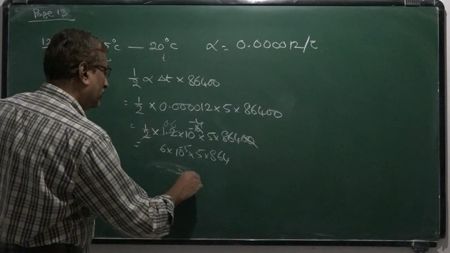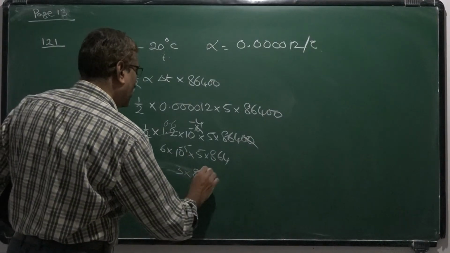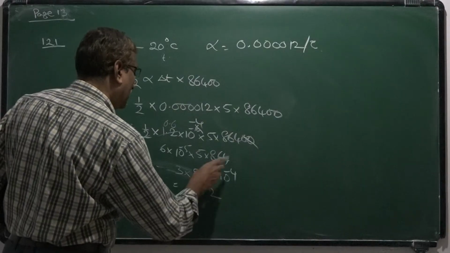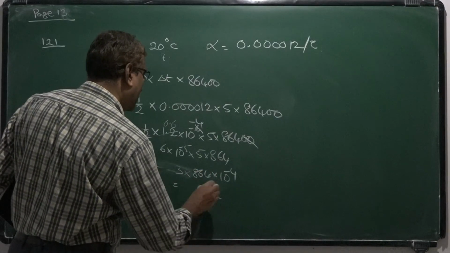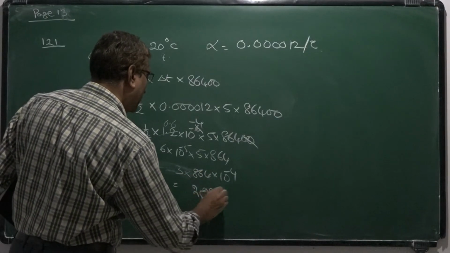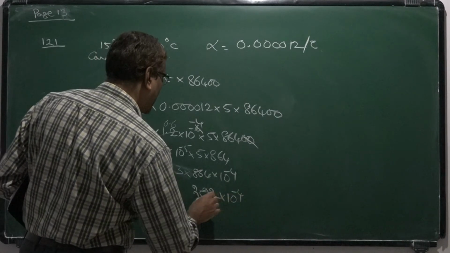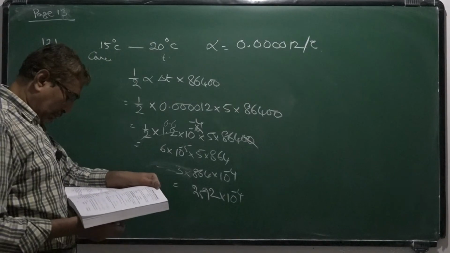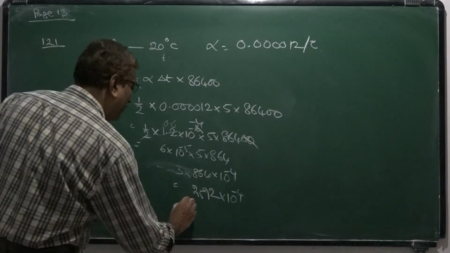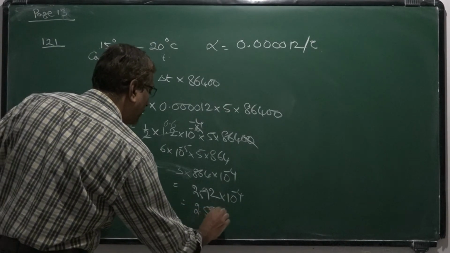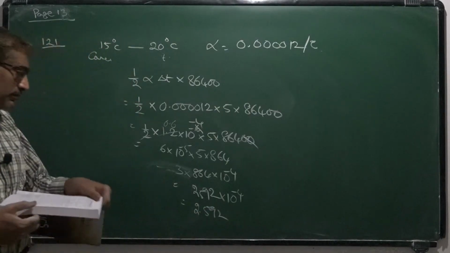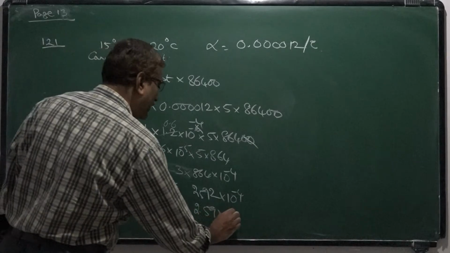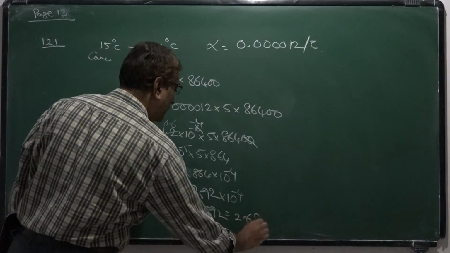So 3 into 864 into 10 to the power minus 4. Approximately 2.592. So approximately it is 2.6 seconds.